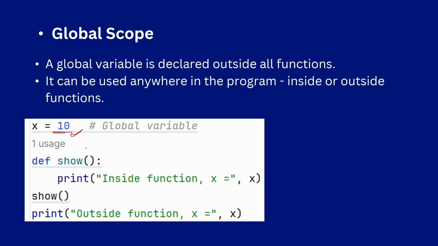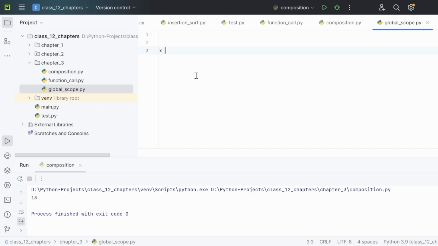I'll show you on PyCharm by executing it, and then you will get a better idea. My global variable is x, which is 10.